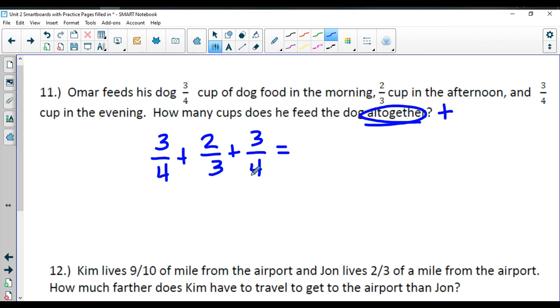Look at all these different denominators. I have 4 and I have 3. I could change all of my denominators right now, or I could be smart here, and I can actually go ahead and add together the two that already have common denominators. Their denominator is 4. 3/4 plus 3/4 is 6/4 plus 2/3.